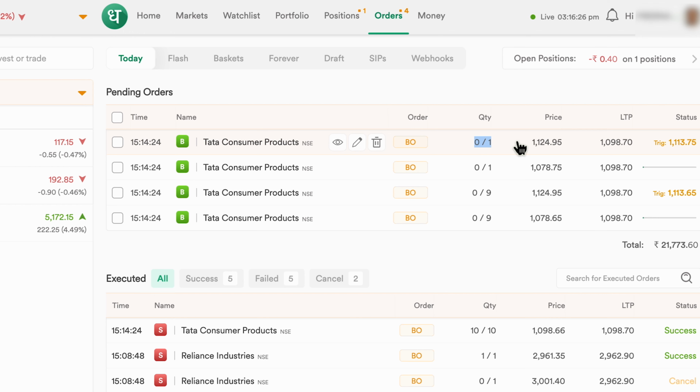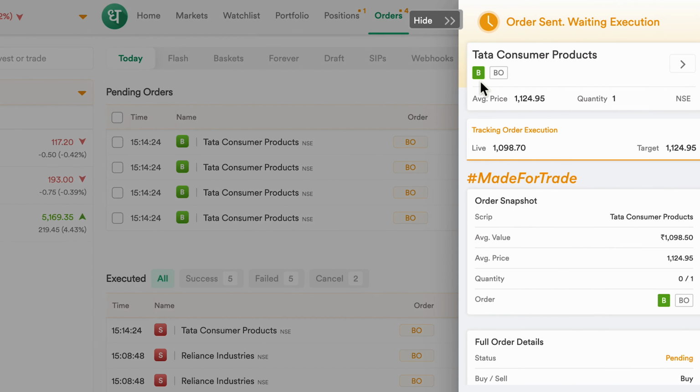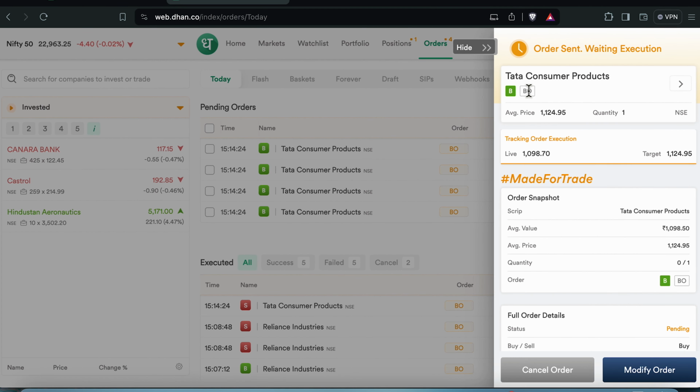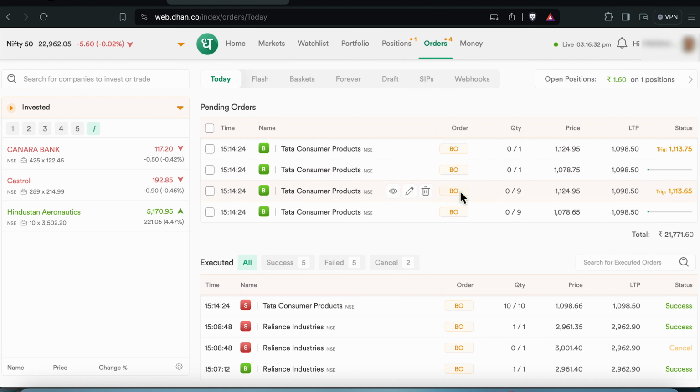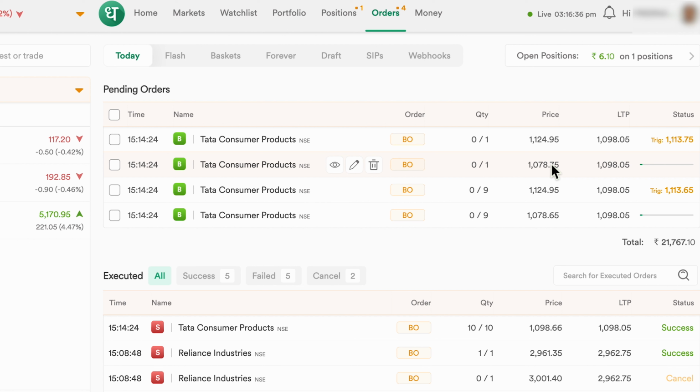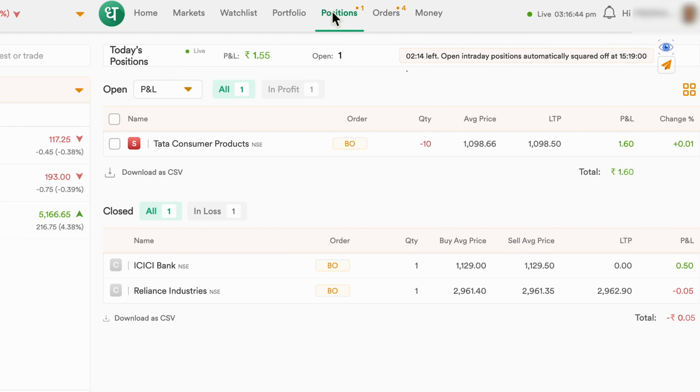Dhan will automatically cancel the other order because this is a bracket order. So bracket orders, you see this BO over here, are linked to each other. So if any one side is triggered, if your price goes down and you book a profit, the stop loss will be removed because you don't need the stop loss anymore. So these orders are all linked to work in a coherent way.